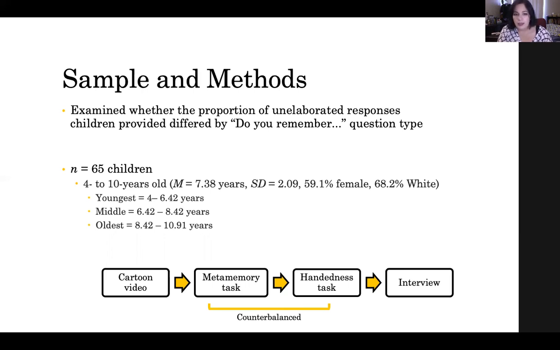I won't get into these too much, especially the meta-memory task, because my collaborator, Christina Todorovic, already has a talk on this, which I think she will be recording and uploading. And then after these two individual difference measures were completed, they were interviewed by that same RA about their memory for the cartoon video.